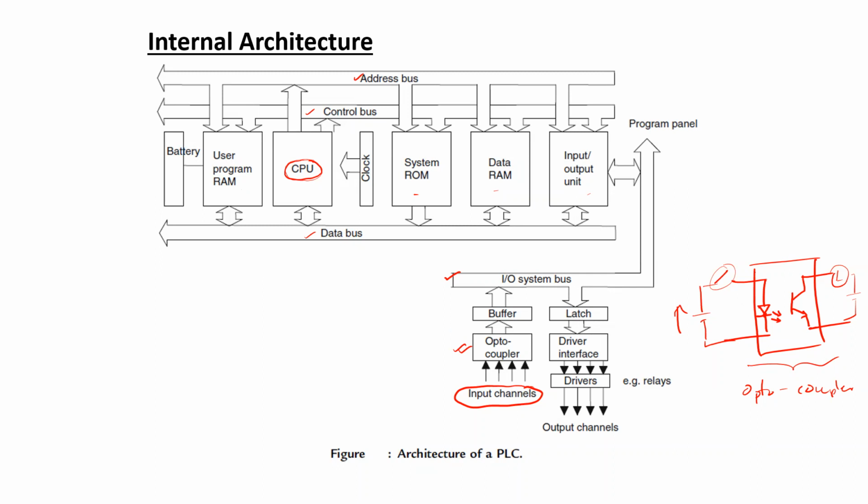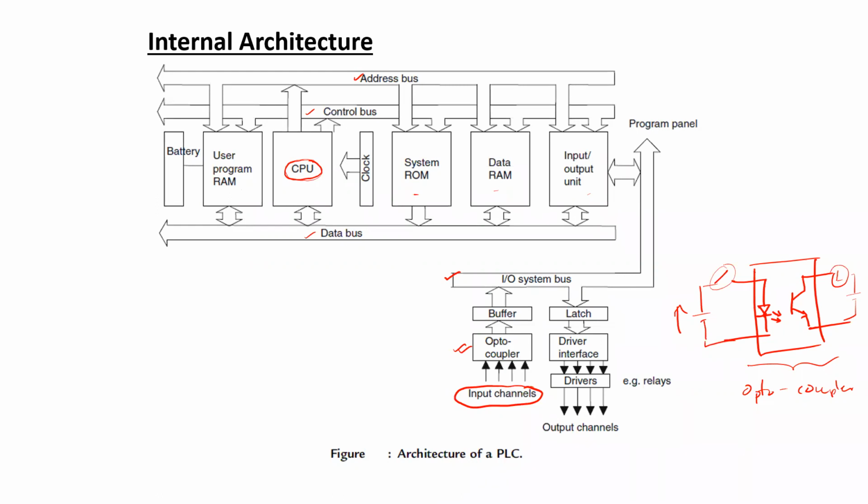If there is some damage due to high voltage fluctuations in a particular input port, only that input port is getting damaged. To protect the entire rest of the system from getting damaged, optocouplers are associated with each input port to ensure the safety of the operation.